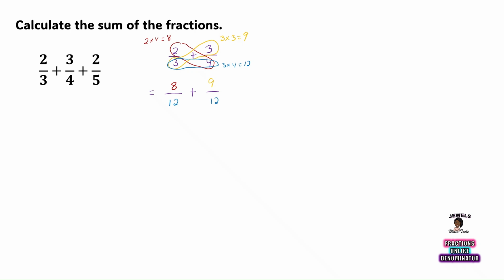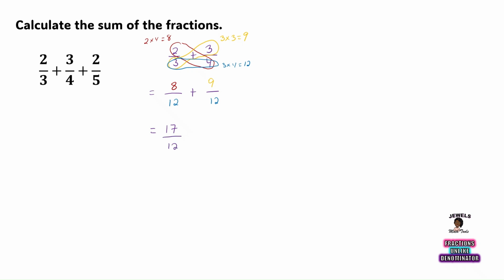So now that I have found my LCD, and I've converted my fractions to their equivalent form, I'm going to begin the addition process. So I will be adding 8 plus 9, which will equal 17. And my denominators, since they're alike, will remain the same.